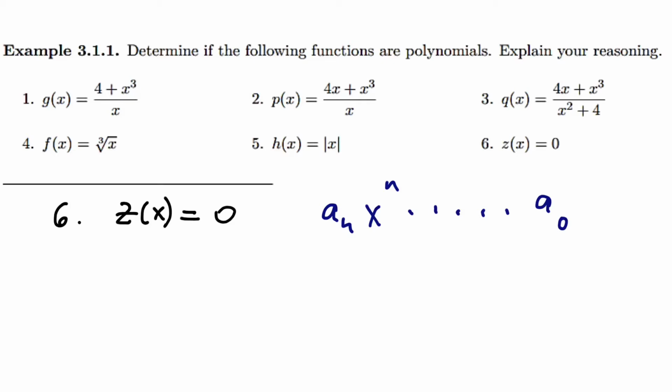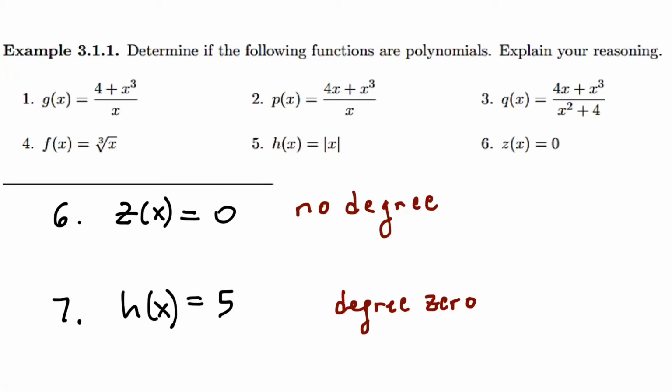Okay, so if it equals 0, that means all of the coefficients must be 0, so that everything is zeroed out. Okay, regardless of what the powers are, if the coefficients are 0, the whole thing is zeroed out. So this is the most simple form of a polynomial. Z of x is equal to 0. So yes, that number 6 is a polynomial.